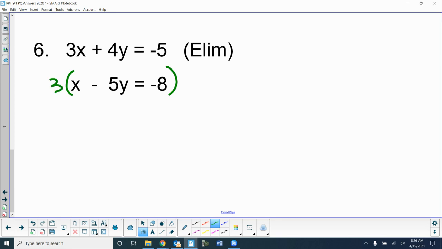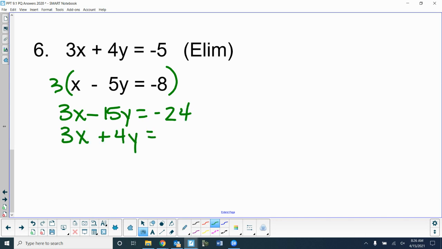I multiply the bottom by 3. And then again, I like to put them right next to each other. So I just rewrote the top one. Are the signs the same or different for the 3's? They're the same, right? What did we say to do when they're the same?